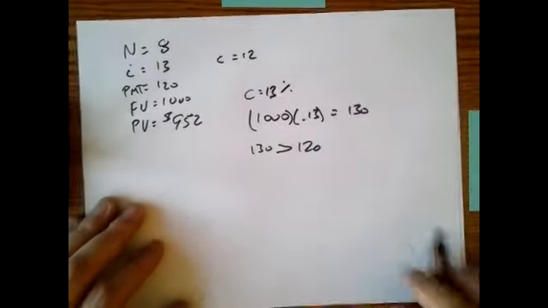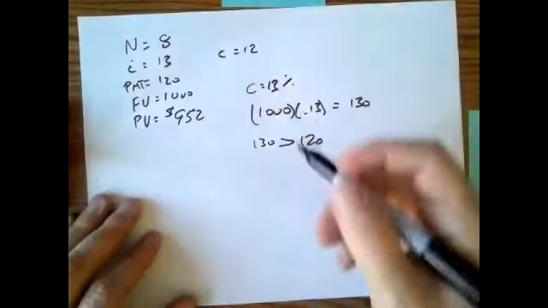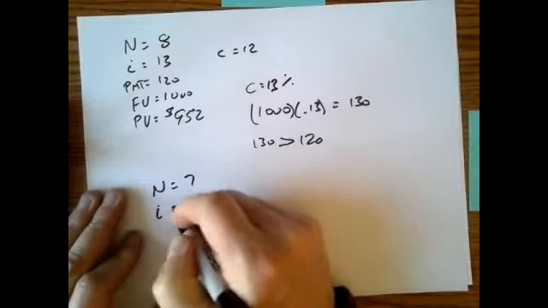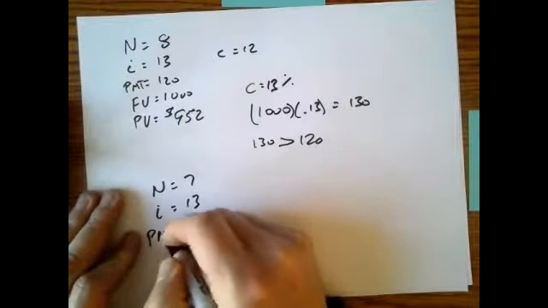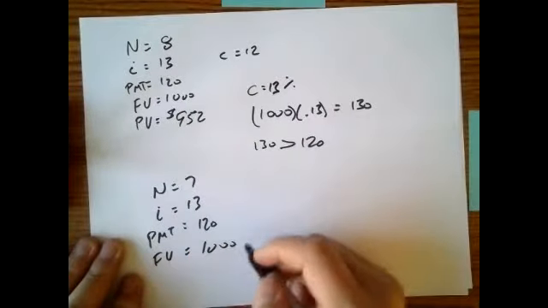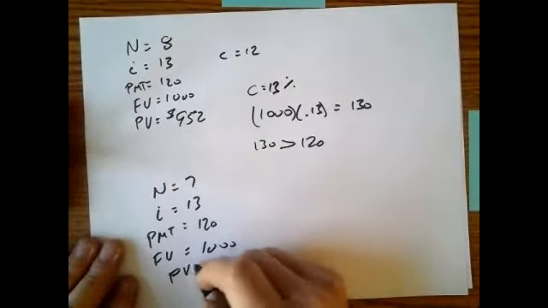And so let's just do the other one. So here we had 8. The only thing we're going to change is now N is equal to 7. I is still equal to 13. Payment is still equal to 120. FV is equal to 1,000. What is the PV?